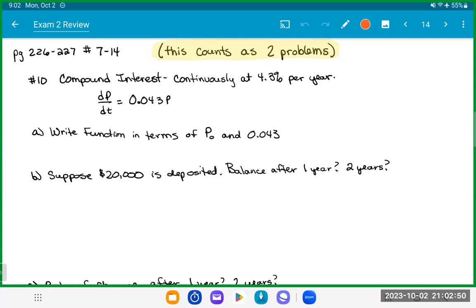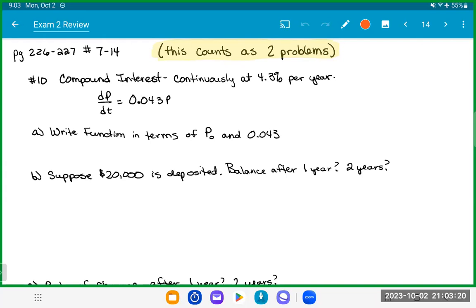And so we're looking at compounding interest. And so if an amount P naught is deposited into a savings account and interest is compounded continuously at 4.3%, we're given this formula here, dP/dt is 0.043P. We want to write the formula in terms of P naught and our k there.